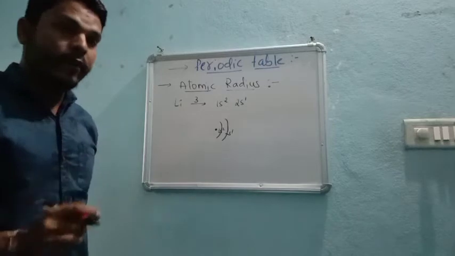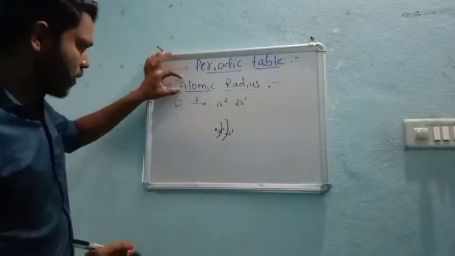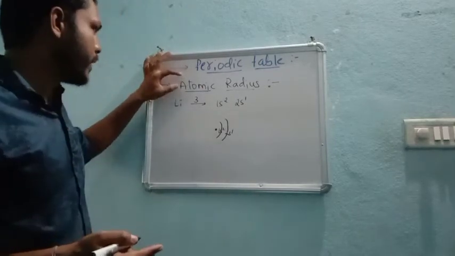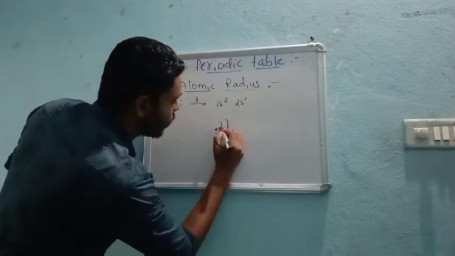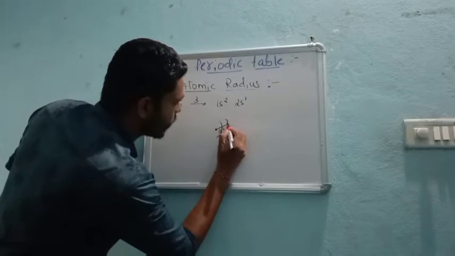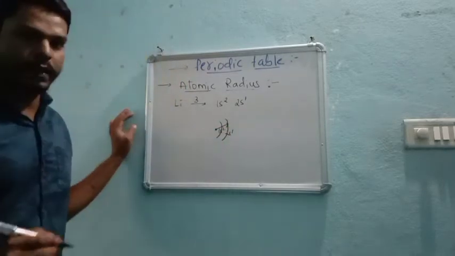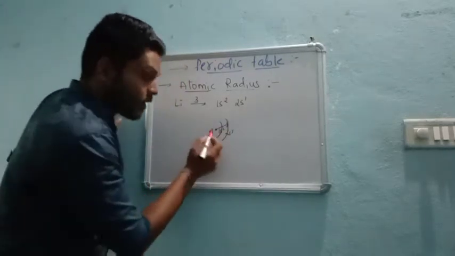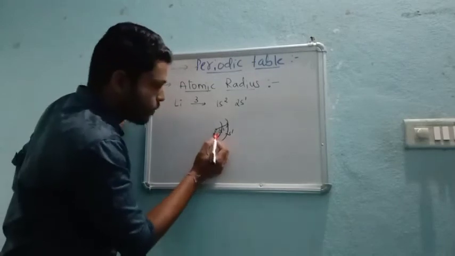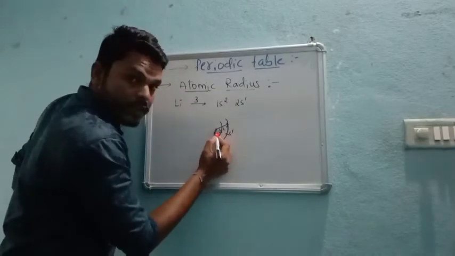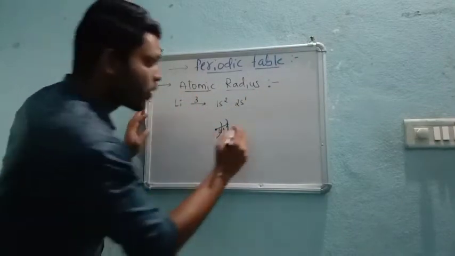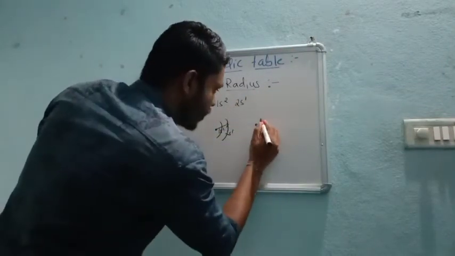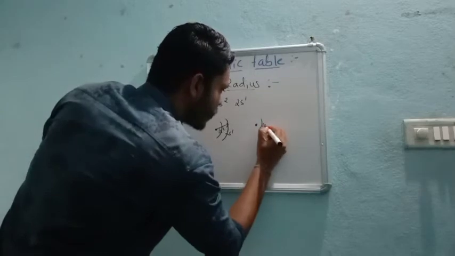Now, the definition of atomic radius: the complete distance between the center of the nucleus of the atom to the outermost shell. Say the outermost shell may be a single one, like in hydrogen 1s1.